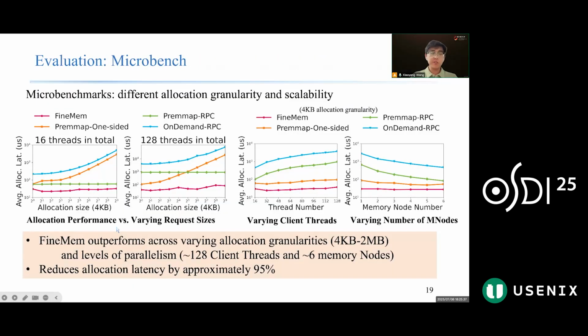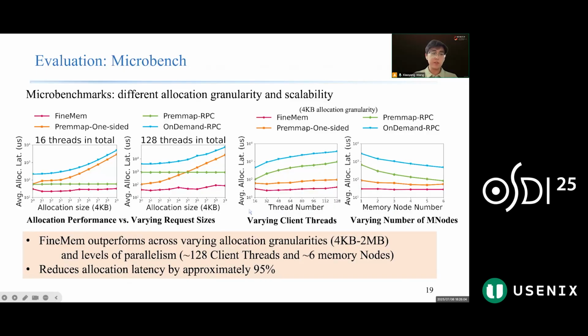First, we use allocation macro benchmarks to evaluate FineMem's performance. We find that FineMem outperforms existing approaches across a range of allocation sizes from 4 kilobytes to 2 megabytes, and under various levels of node parallelism, scaling up to 100 client threads and 6 memory nodes.